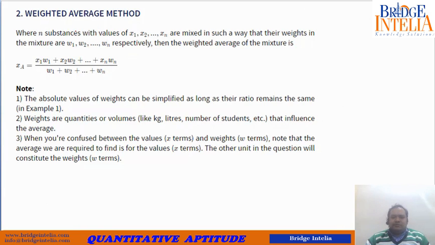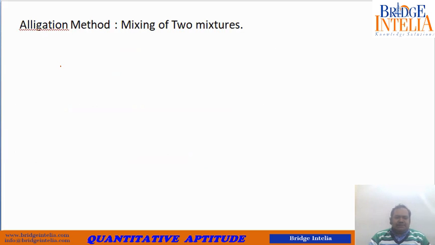When do we use the weighted average method? When n substances with values x1, x2 and xn are mixed in such a way that their weights in the mixture are W1, W2 and Wn respectively, then the weighted average of the mixture is given by weight into concentration. Anyway, we will take examples and things will become clearer.